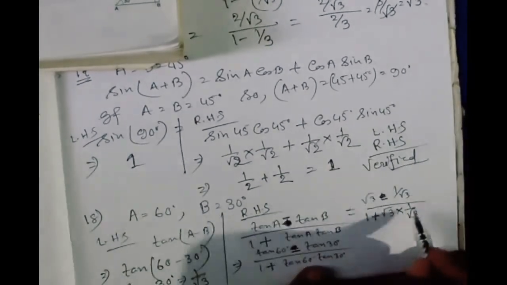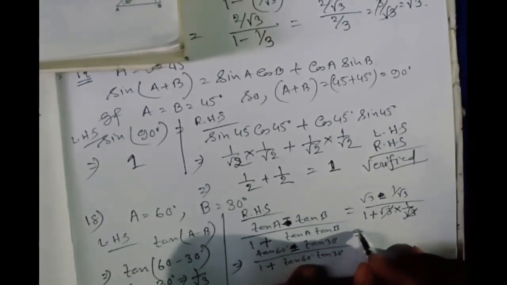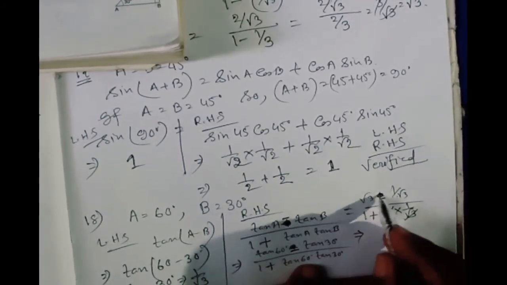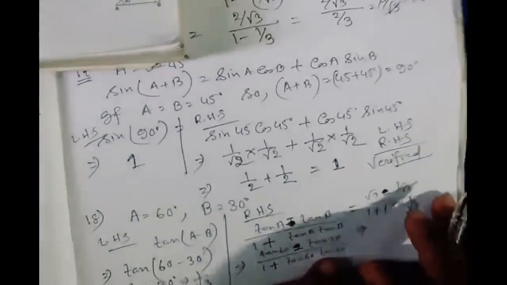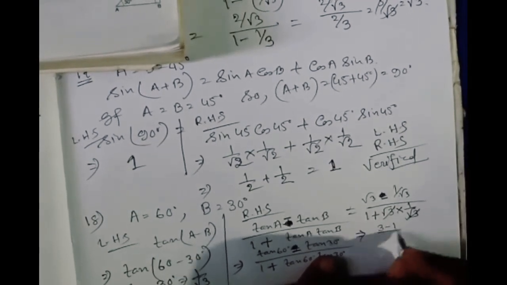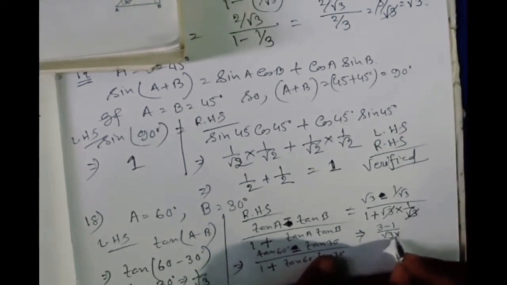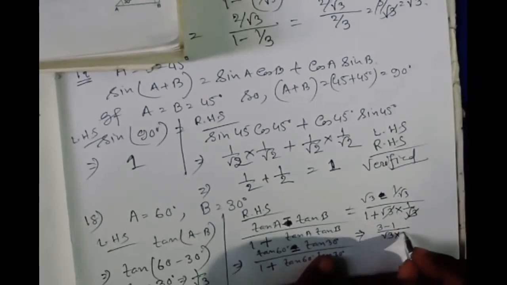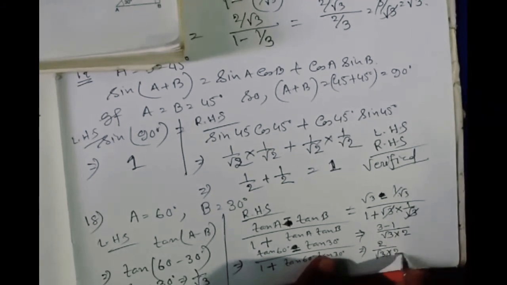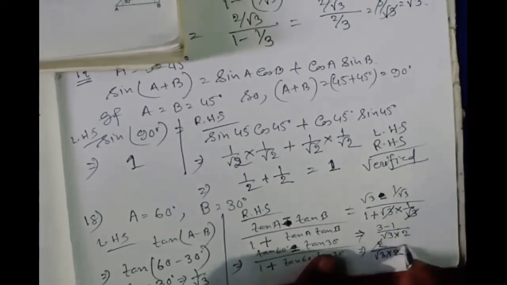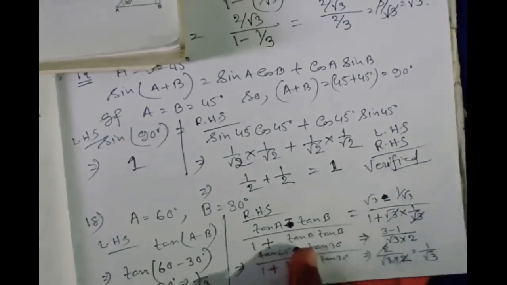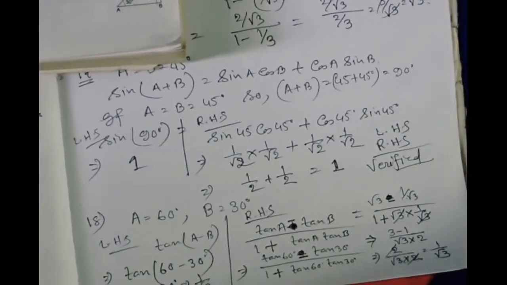This becomes 3 minus 1 by root 3 into the denominator 2. So, that is 2 by root 3 into 2. This 2 cancels, and we get 1 by root 3. So, LHS equal to RHS verified.